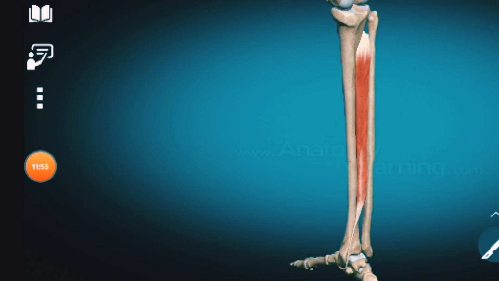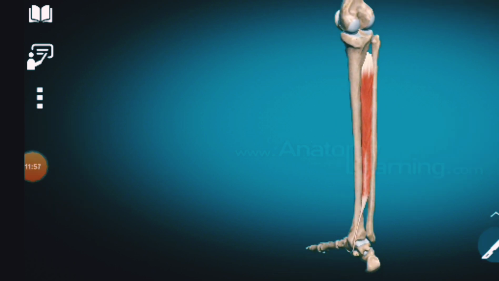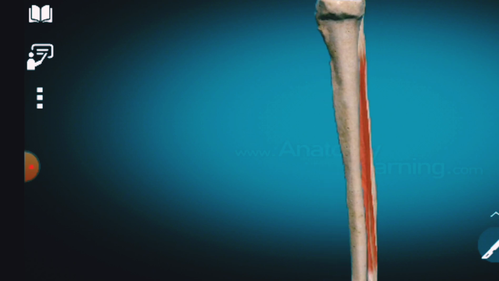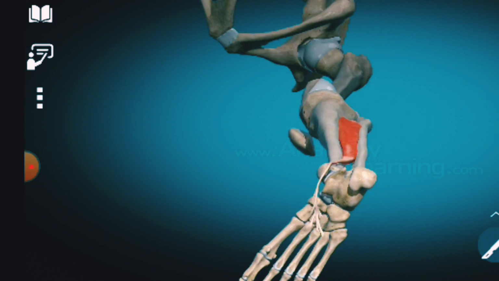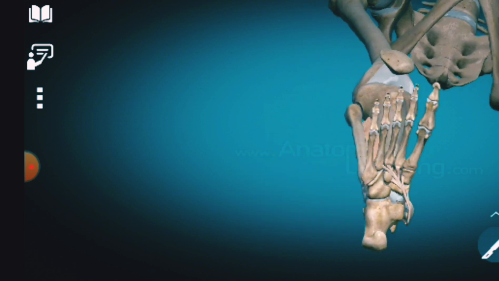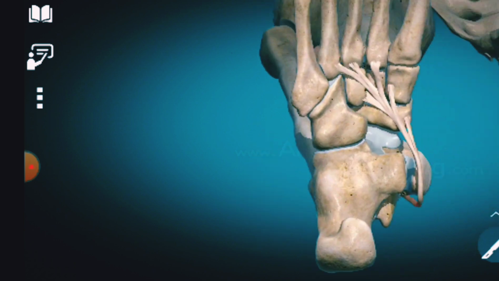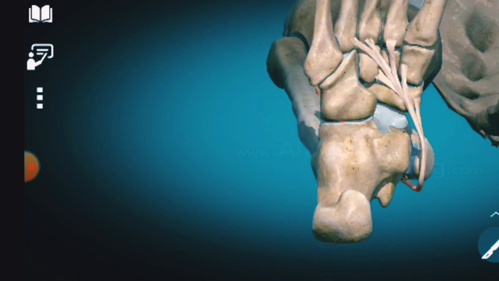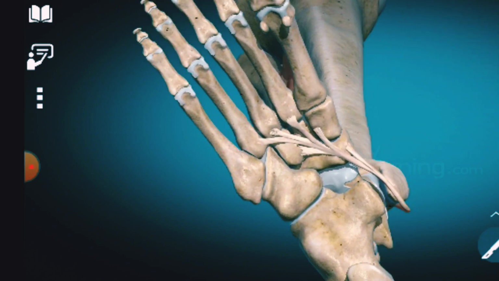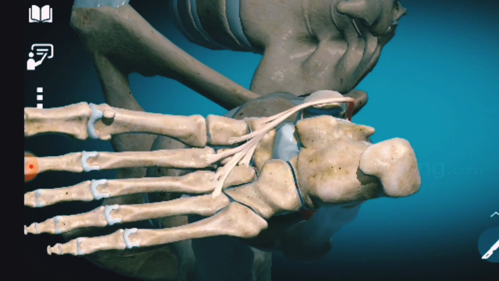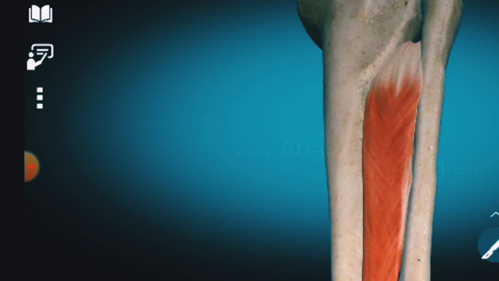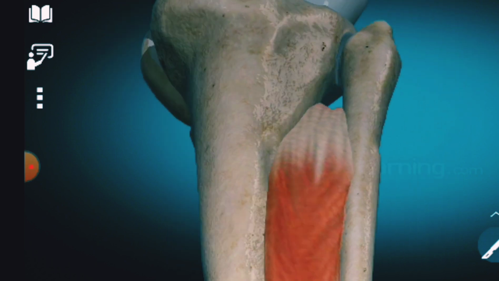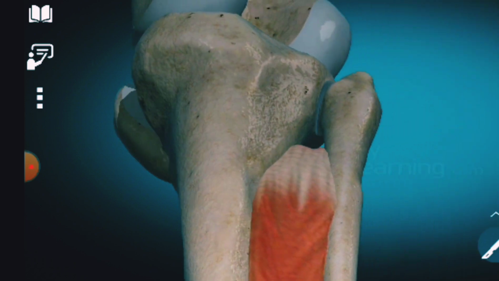So this is our next muscle, and it is called tibialis posterior. You can see that it's spanning between the two bones, and then it is inserting here. Its insertion is a bit funny, but we shall come to know. So where does it originate from? First of all, there is a soleal line there. Let me twist around.